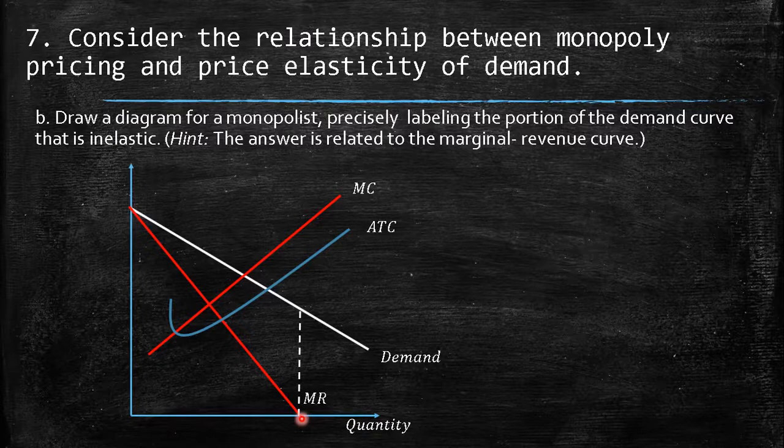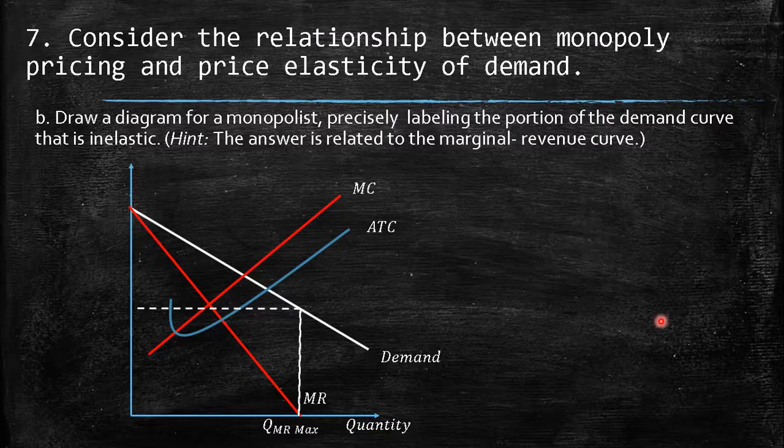As soon as it crosses the x-axis and becomes negative, it immediately informs us that once we produce one additional unit, the total revenue will decrease. So when the marginal revenue is equal to 0, it is exactly the point where the total revenue is at its maximum. So this Q_MR is where the total revenue is maximum.